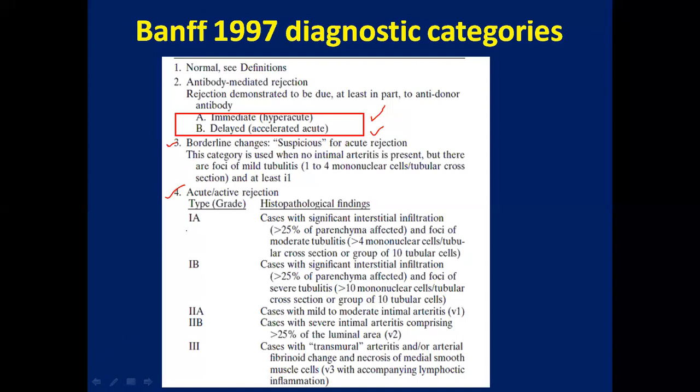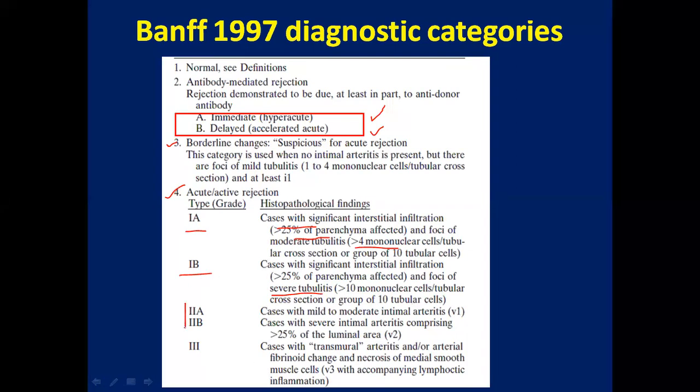Similarly, for 1A rejection, cases with significant interstitial inflammation, that means more than 25% of the parenchyma affected, and there are foci of moderate tubulitis, that means more than 4 mononuclear cells per tubular cross section in a tubule which consists of a group of 10 tubular cells. Type 1B was if you find severe tubulitis. So if you find severe tubulitis, you have to label it as a 1B type of rejection.